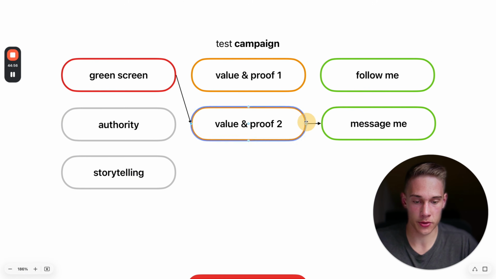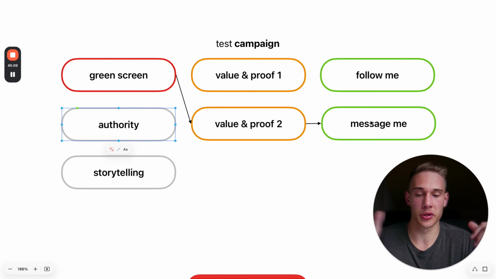So in every campaign you're going to have 4 different ads, and then you just rotate. Then you pick authority and pair it with this, and you just repeat the same process all over again. So in this case, we had 3 different campaigns. In total, we had 12 different ads.